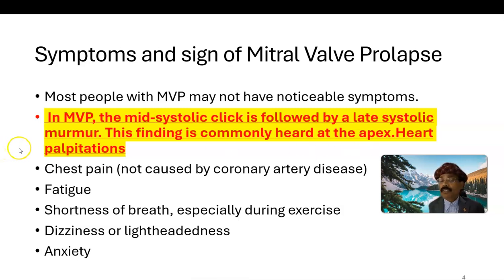Other symptoms include heart palpitations, chest pain not caused by coronary artery disease, fatigue, shortness of breath especially during exercise, dizziness or lightheadedness, and anxiety.